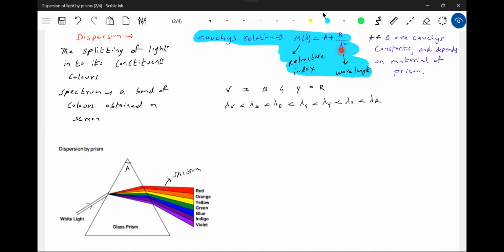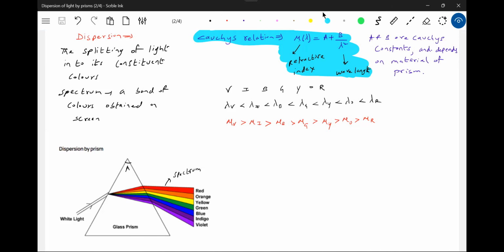Then look at this equation, how the refractive index and the wavelength are related. For lower wavelength, the mu will be more. So from here, mu v is greater than mu i, which is greater than mu b. Like this, the refractive index of the material for different wavelengths will be related. For violet wavelength, the material will offer more refractive index compared to the others.